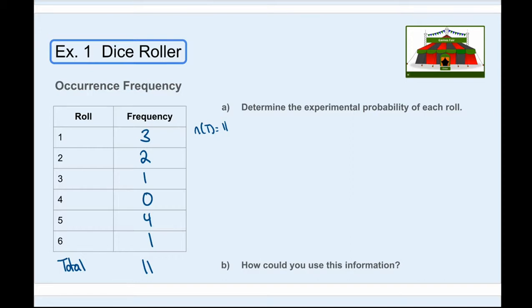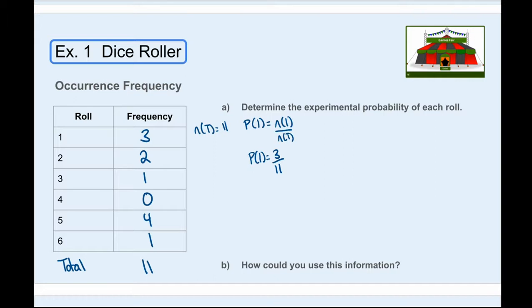So for example, I'll do the long form way. If we're looking for the probability of getting a 1, we want to look for the number of times 1 occurs over the total number of trials, which is N(T). So in this case, the probability of getting 1 is going to be 3 over 11.